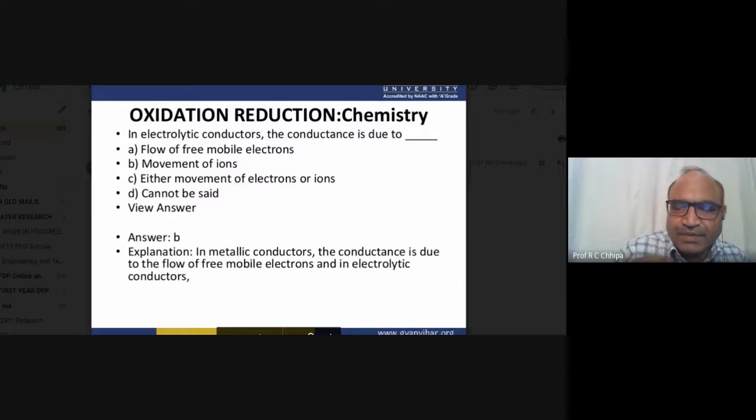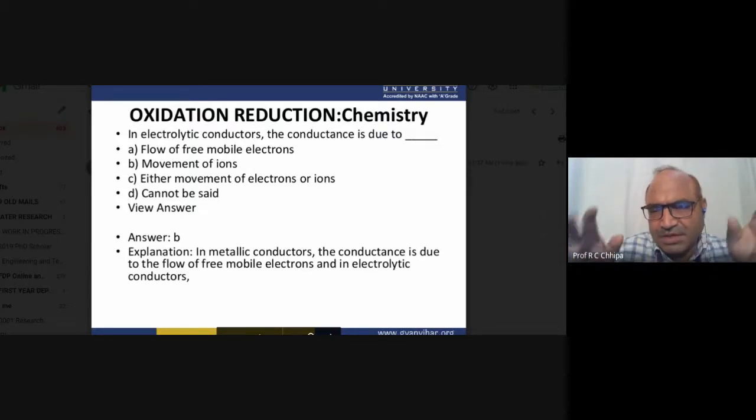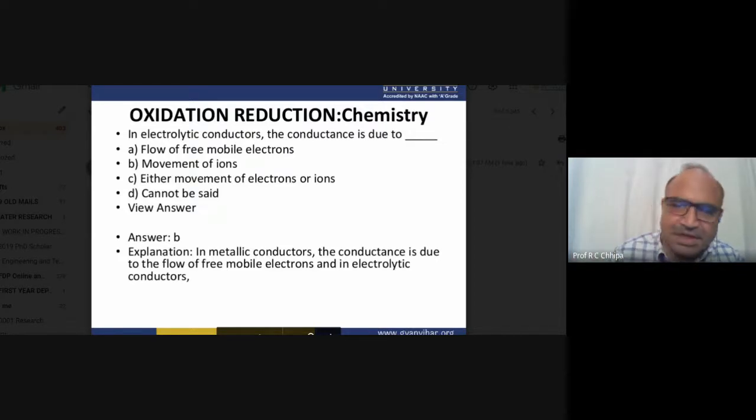So on one side there is oxidation, where oxygen is added, and on the other side there is reduction. Two things are there: oxygen is added or hydrogen is added. Oxygen added is oxidation; hydrogen added is reduction. The reverse of those are the same thing.